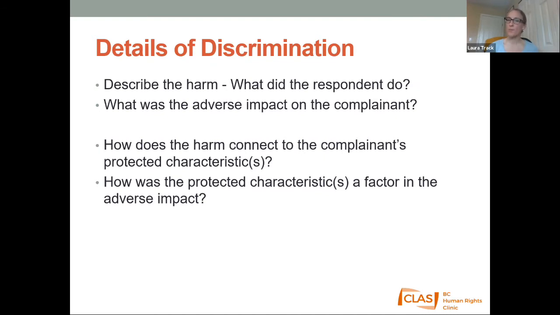What was the harm that happened? And how did that harm connect to one or more of your protected characteristics? So what did the respondent do and how did it impact you? And then really emphasizing, why was it discrimination? Because it's only discrimination when it connects to a protected characteristic.